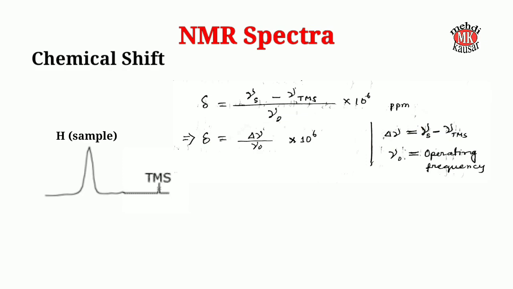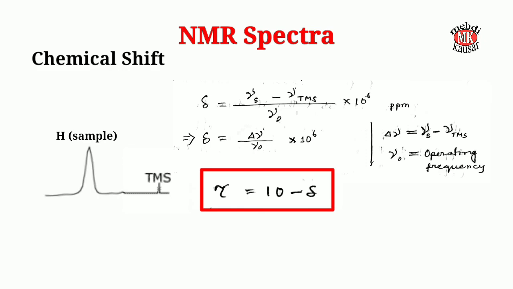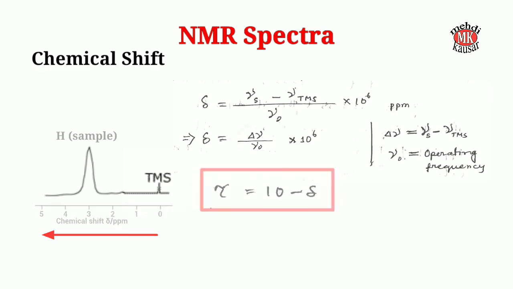There are 2 scales that are commonly used to measure the chemical shift: the delta scale and the tau scale. Tau is equal to 10 minus delta. On the delta scale, the signal for TMS is zero and increases downfield, and on the tau scale, the signal for TMS is taken as 10 and it decreases downfield.